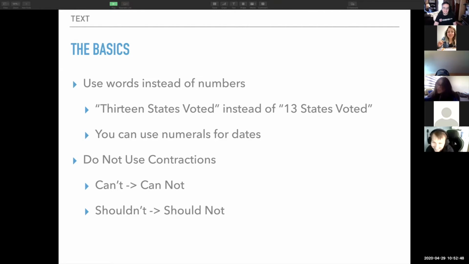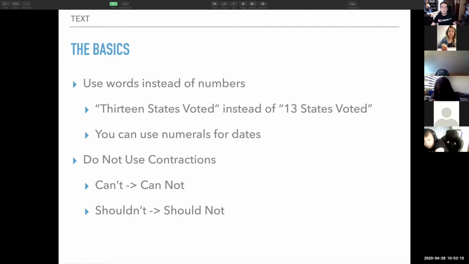I have a question regarding the numbers. I don't remember which class it was, but a couple years ago they said that after a certain number, you don't have to write it out. Instead of writing out 13, does that apply here? If it's like 107, do I have to still write out 107?